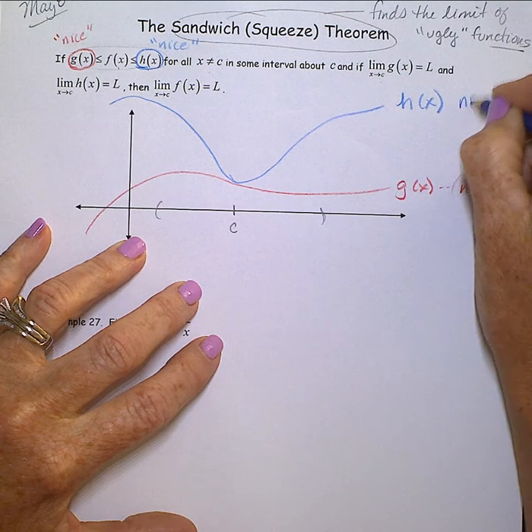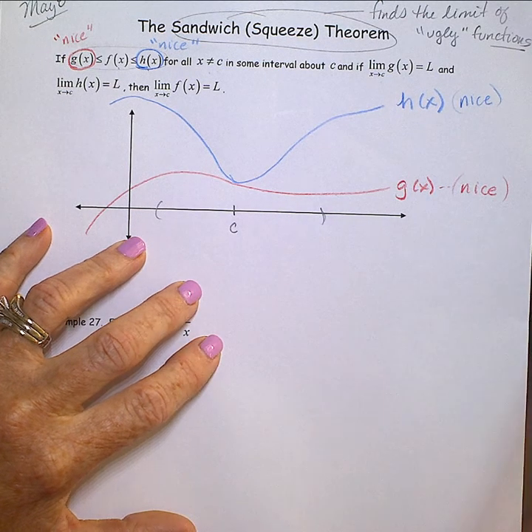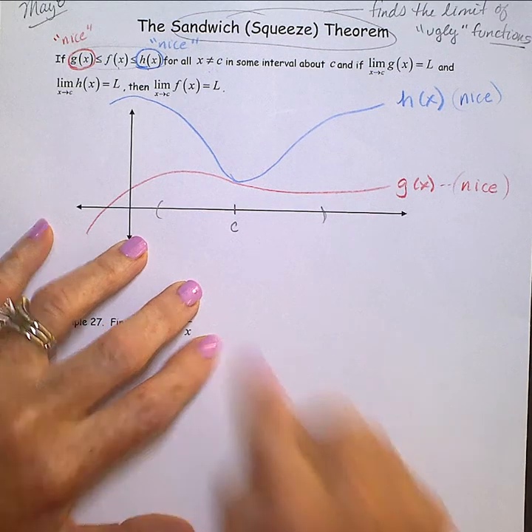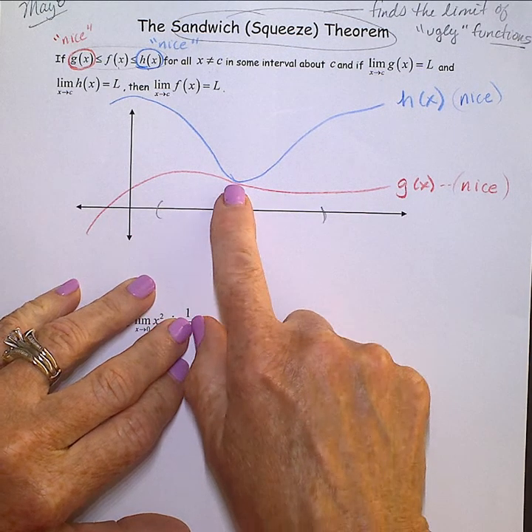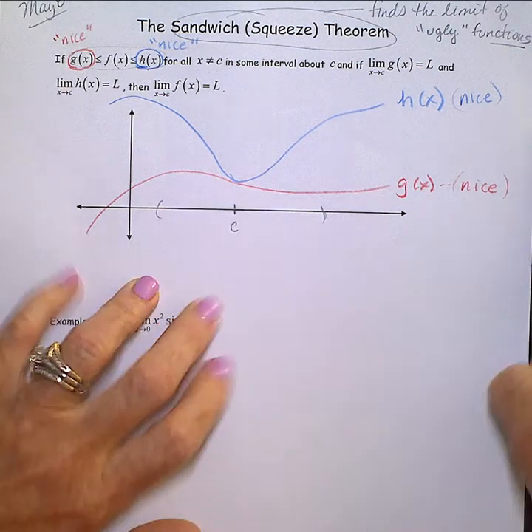Why did I draw it this way, and why do these 2 almost meet right here? Because of these conditions.